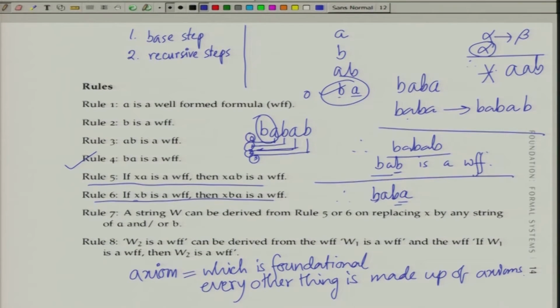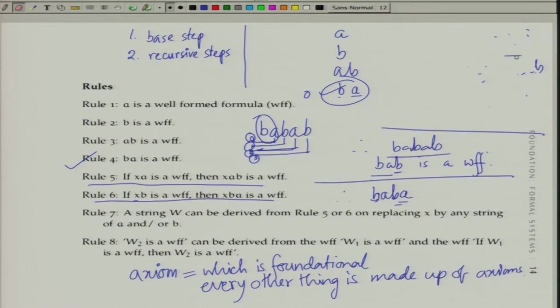Now, I just want to make some space, so I erase some of it, and we'll see how this can be derived. Okay, so we are ready now. We'll see how AAB is banned in a sense. How do I make it?